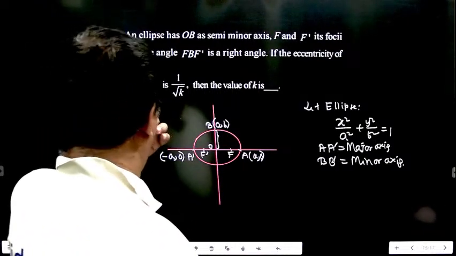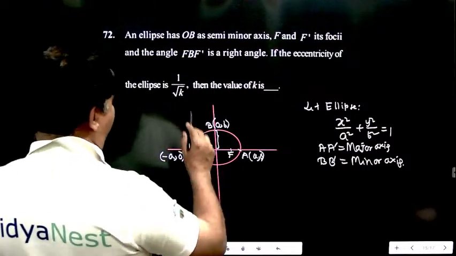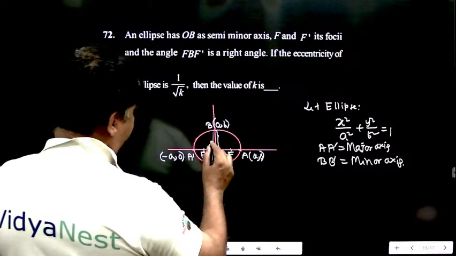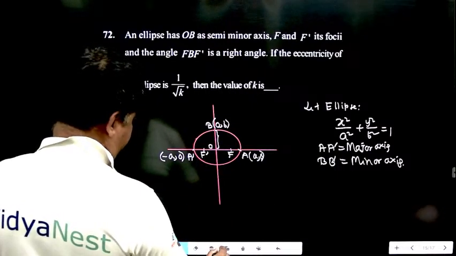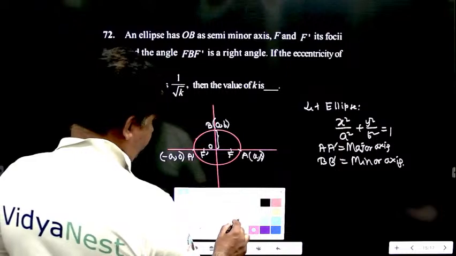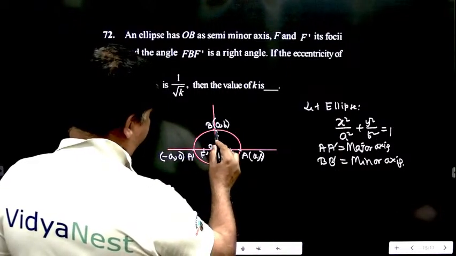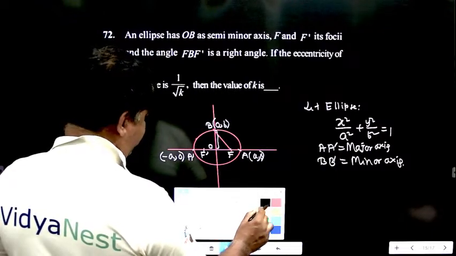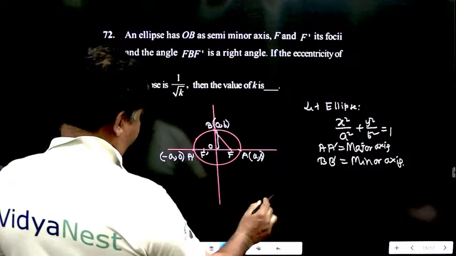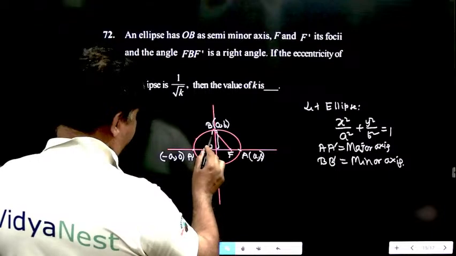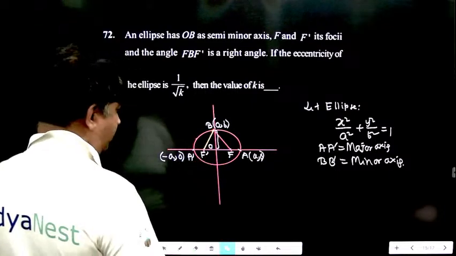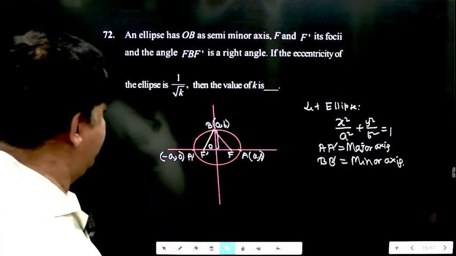Now, clearly it is told that angle F B F dash is a 90-degree angle.